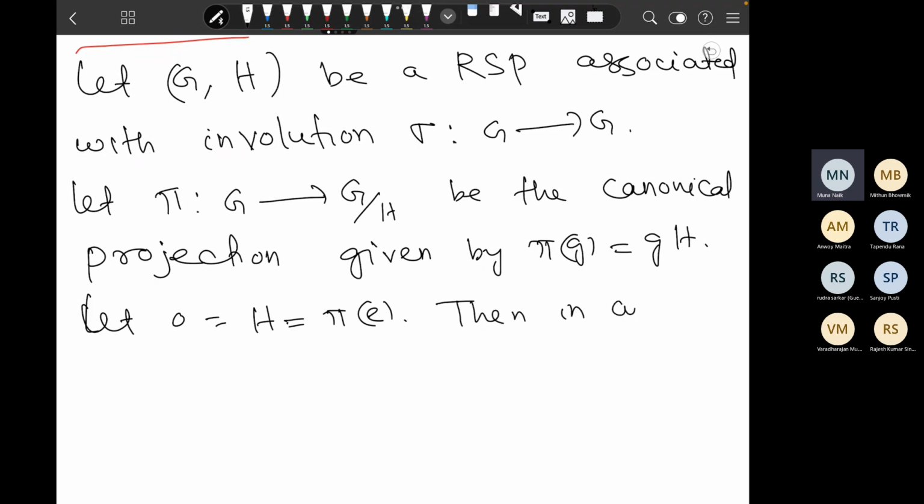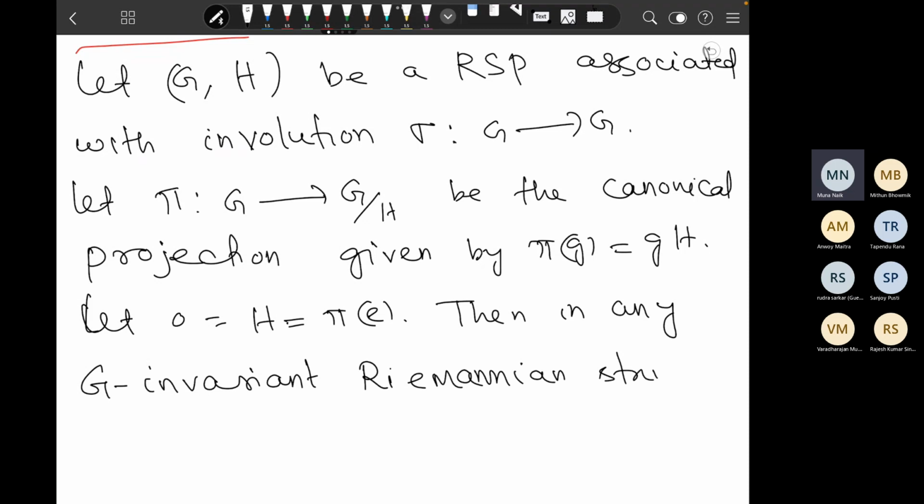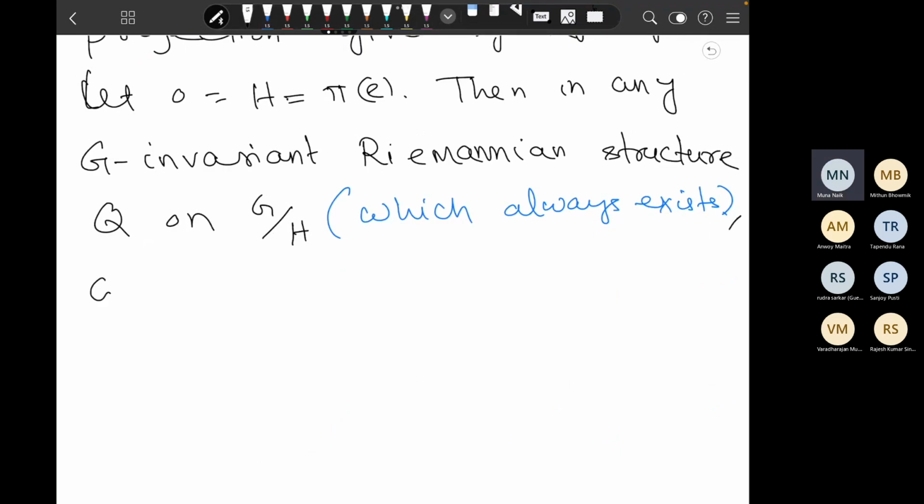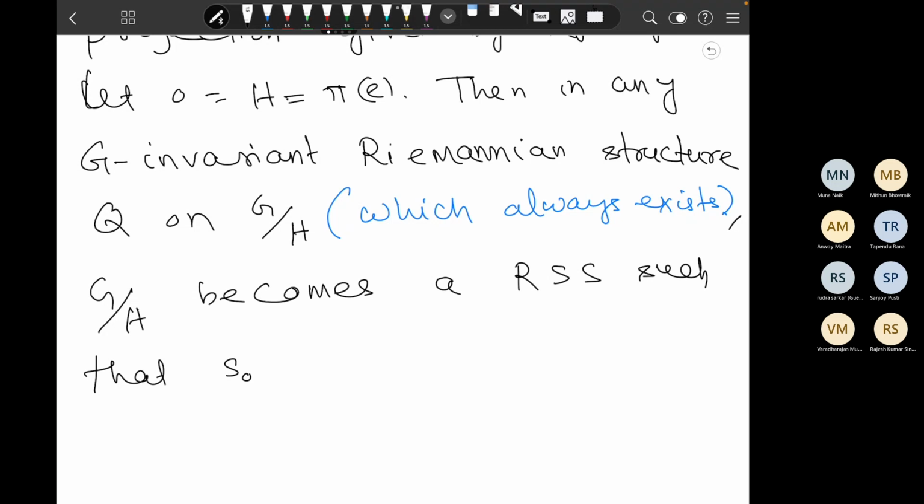And then in any G-invariant Riemannian structure Q on G mod S, which always exists, G mod S becomes a Riemannian symmetric space, so that this S0 composition pi, S0 of gS is really sigma(g)S.